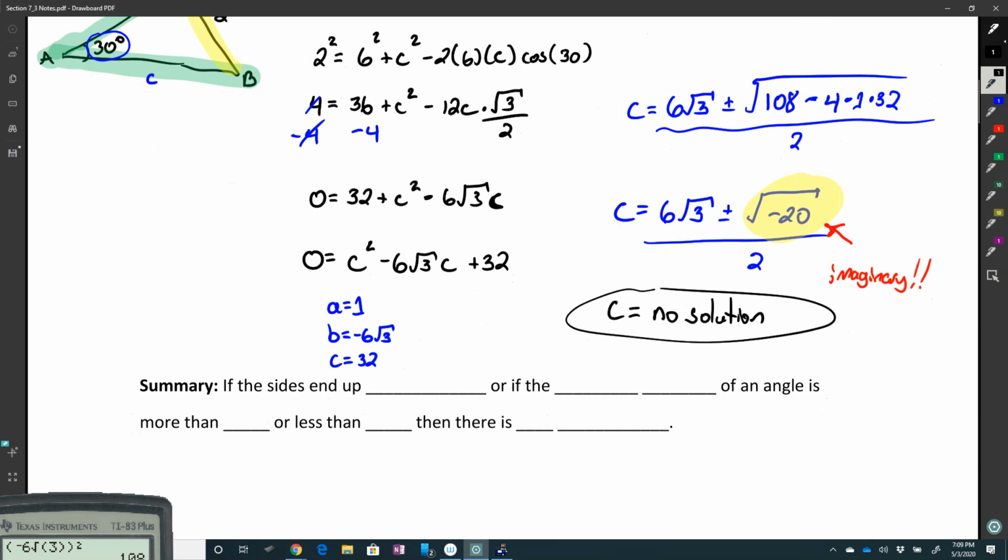So the summary: if the sides end up imaginary, or if the sine or cosine, I forgot to put in the blank here, of an angle is more than 1 or less than negative 1, then there's no solution.